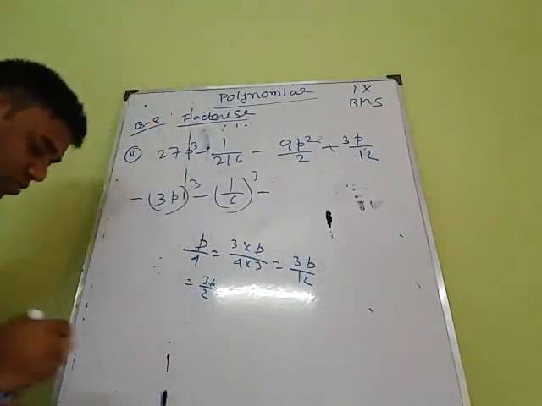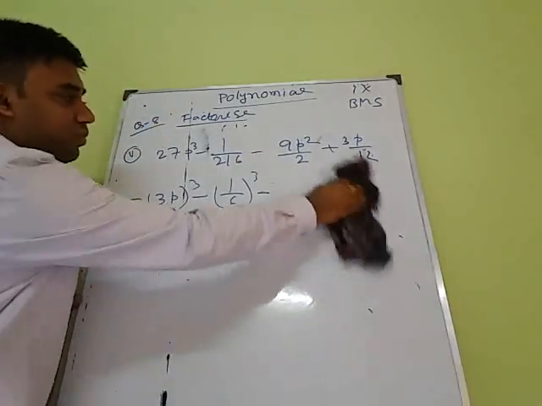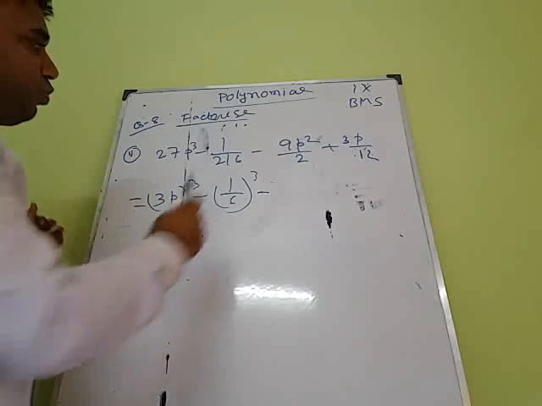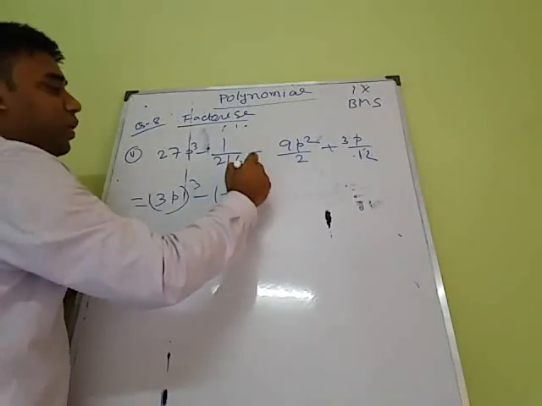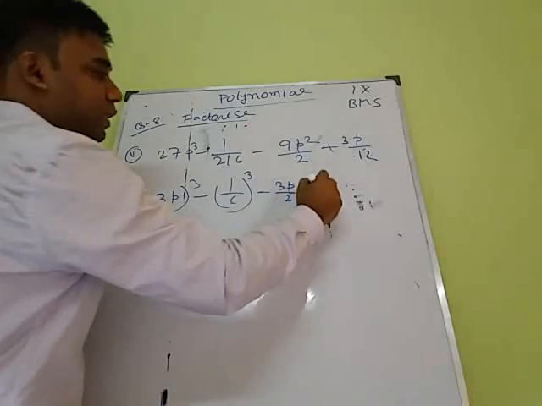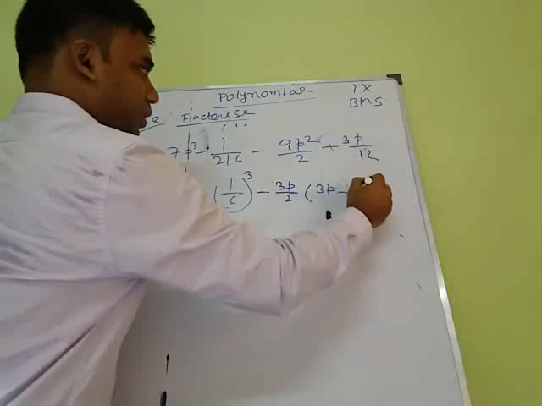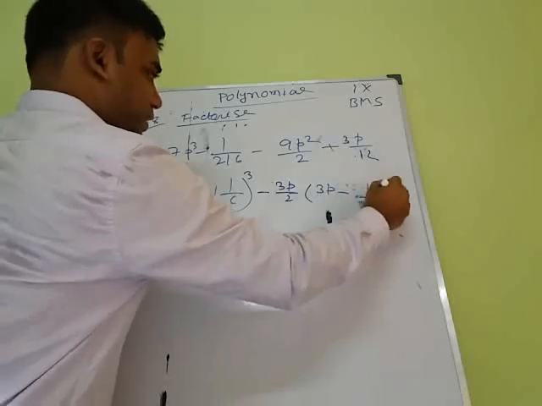Now taking the terms from these two parts, that is 3p by 2. If I take 3p by 2 from these, that is 3p and minus 1 by 6.